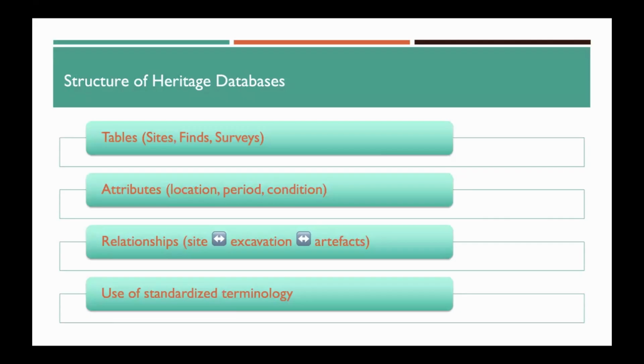Equally important is the use of standardized vocabularies, which we call thesauri, and metadata frameworks, which improve consistency between projects and institutions. In a project like MESAM, this shift is particularly important because we're integrating data from different countries, different record traditions, and historical periods into a unified digital framework.